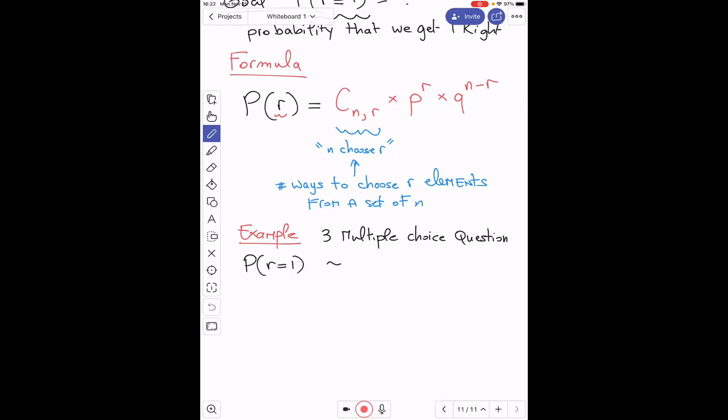This is the probability that you get exactly one right answer. So first, you need to find how many possible outcomes there are where you can get exactly one right answer.